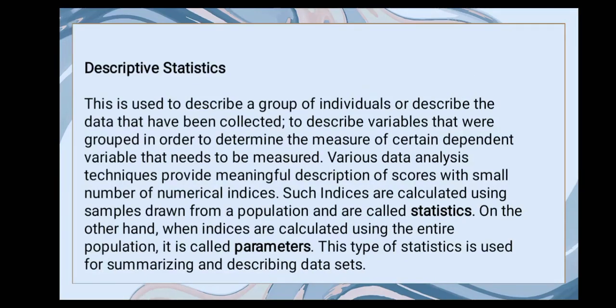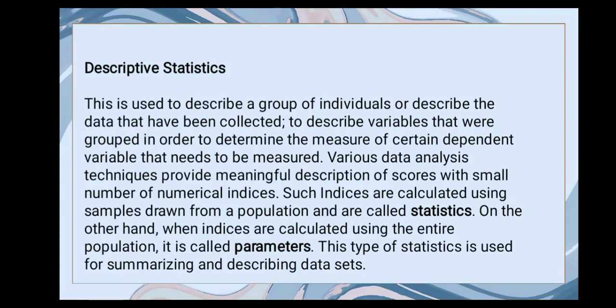Second, we have the descriptive and inferential statistics. Descriptive statistics is used to describe a group of individuals or describe the data that have been collected, to describe variables that were grouped in order to determine the measure of certain dependent variable that needs to be measured. Various data analysis techniques provide meaningful description of scores with a small number of numerical indices.